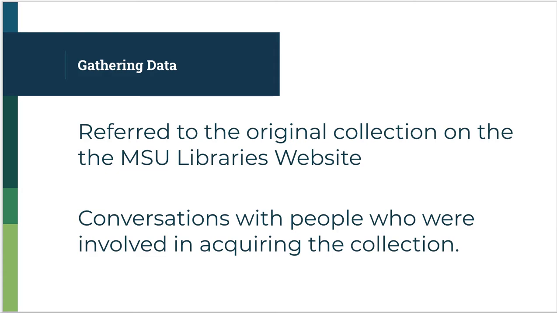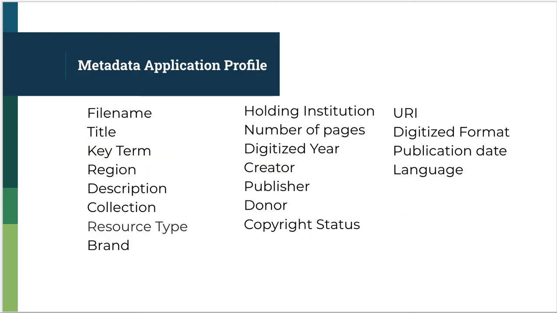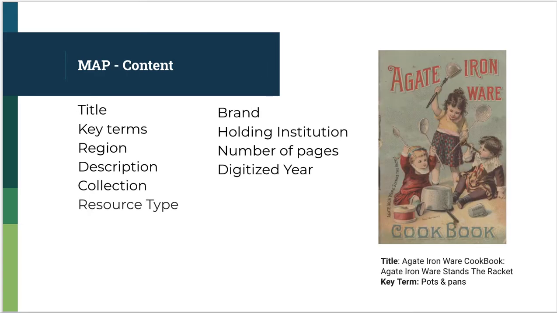The additional access really helped me to make metadata for this collection. My metadata application profile consists of 19 elements. I have grouped my elements into three categories, which I will be talking in depth about in the upcoming slides.